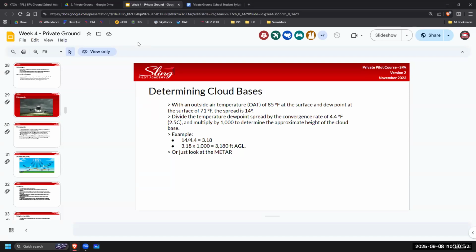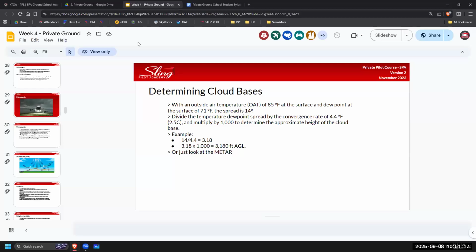So today's the 8th of the month, so 08 for the day of the month, and then 1647 Zulu is the time that this was reported. First two numbers are the day of the month. Last four and the Z is the time in Zulu.